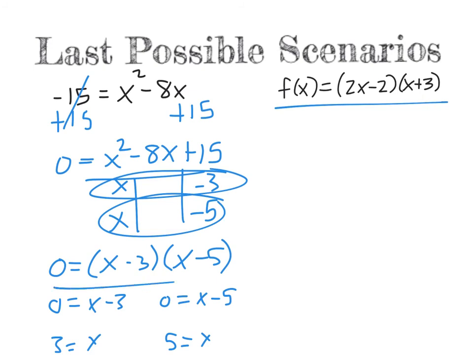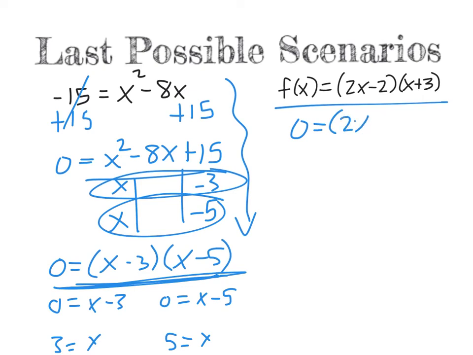Here, we're already in this step. We can skip all of this because we're already given the factored form of it. So all we have to do is change the y to 0. And since it's already in factored form, just set each equal to 0. 0 equals 2x minus 2, and 0 equals x plus 3.